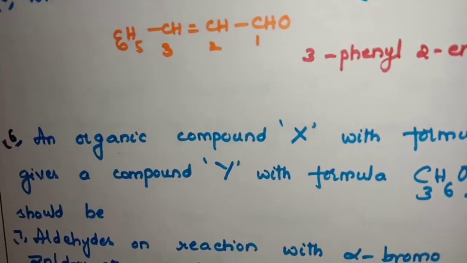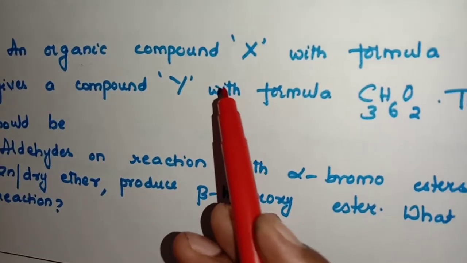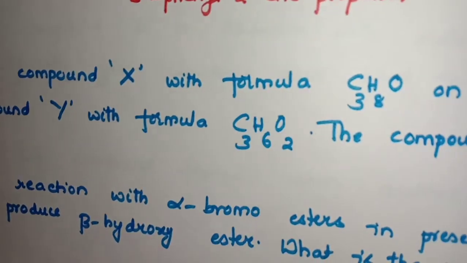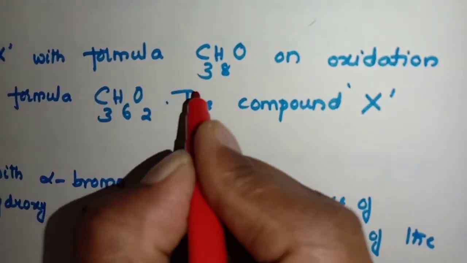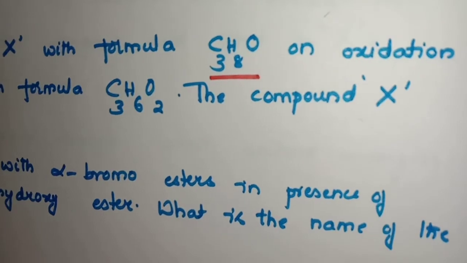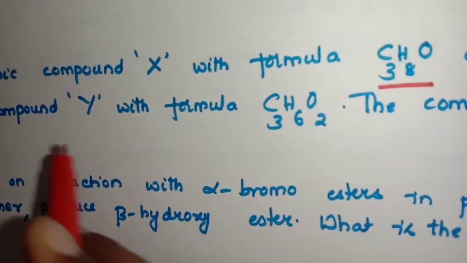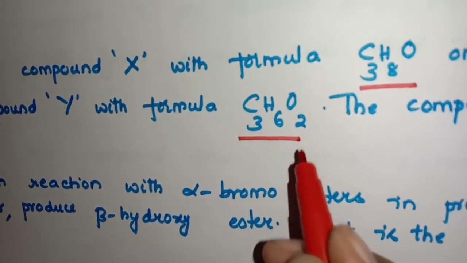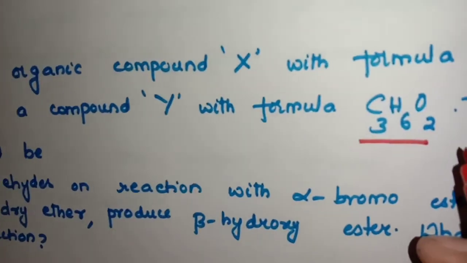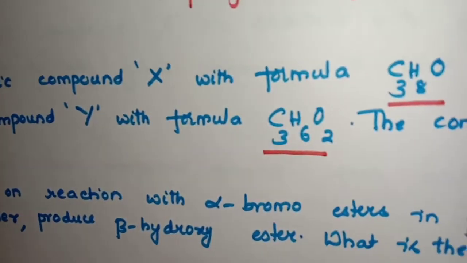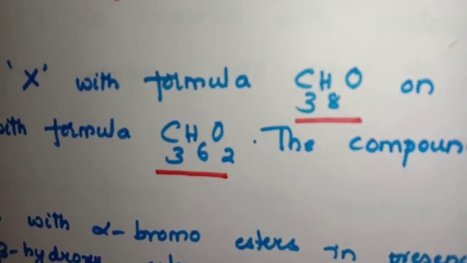Okay, students. Next question. An organic compound X with the formula C3H8O on oxidation gives a compound Y with the formula C3H6O2. The compound X should be an dash. Look at the molecular formula of both compounds, C3H8O and C3H6O2.